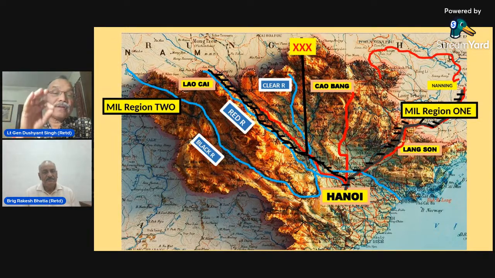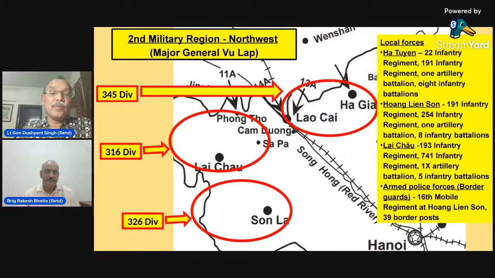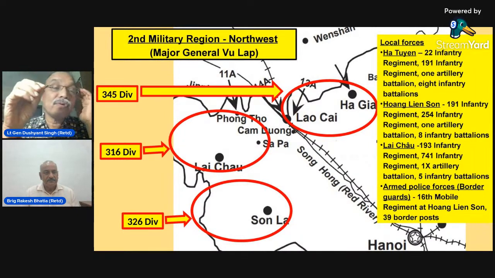So you just straight away put these two or three major landmarks and the major features, and your map is complete. Lao Cai, Sapa, Phong Tho, Son La, Lai Chau. These three or four places you must remember. Thereafter, even if you go wrong in numbers, don't bother about it.